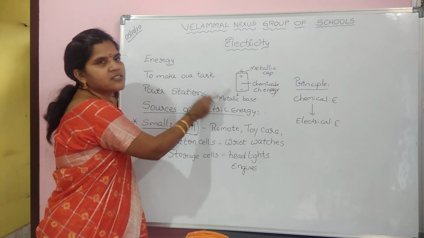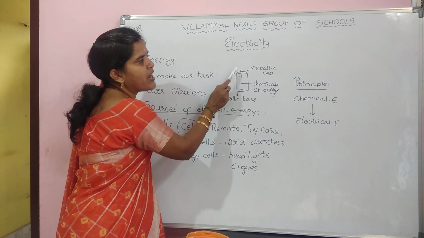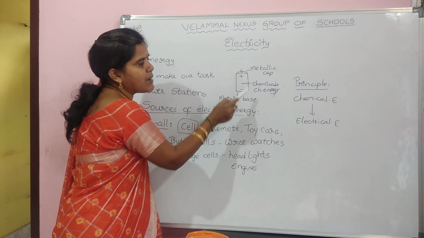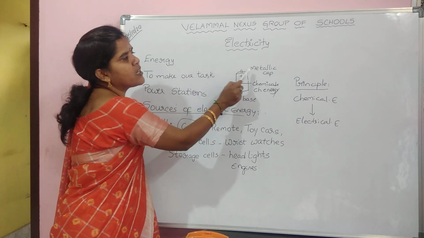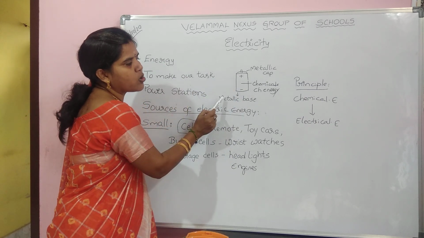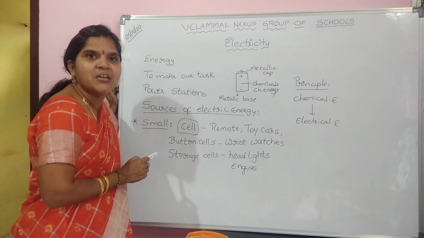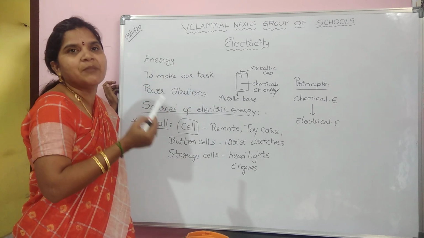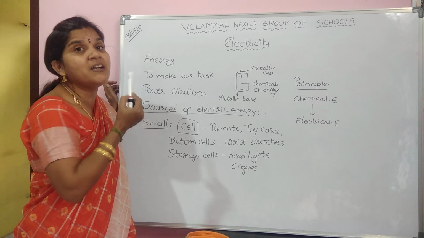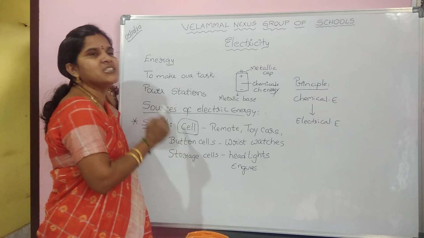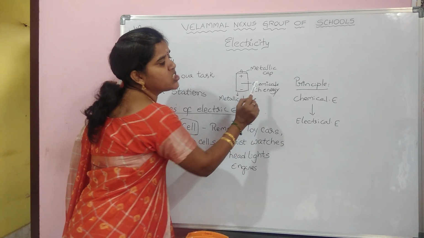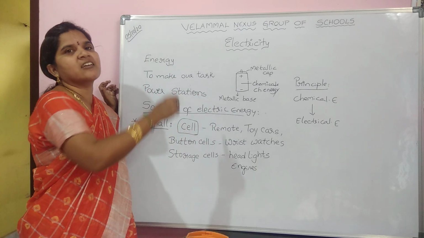Okay, children. Now let us see what is this cell. In cell, you have two parts. One is metallic cap, other is metallic base. Metallic cap acts as a positive terminal, metallic base acts as a negative terminal. And inside what we have? Chemicals. They will provide us chemical energy. It works on the principle that chemical energy gets converted into electrical energy.